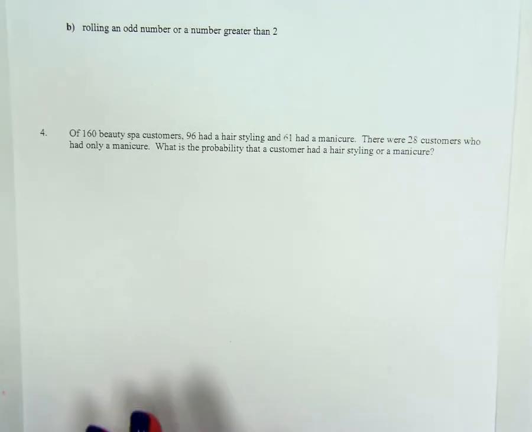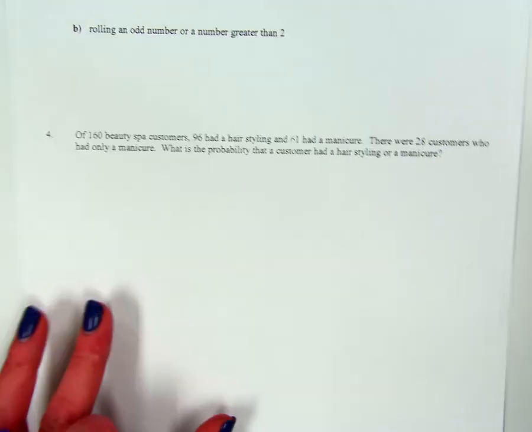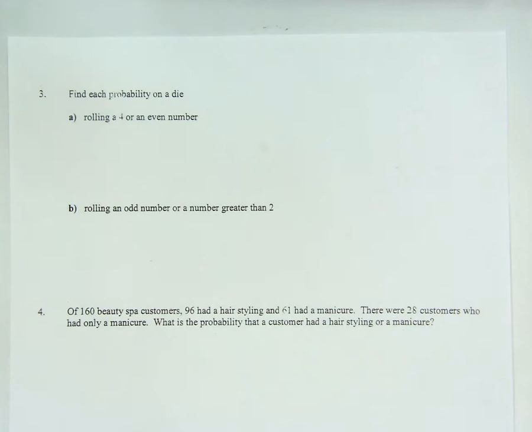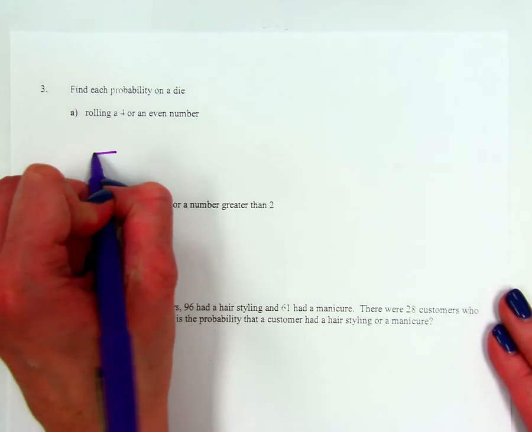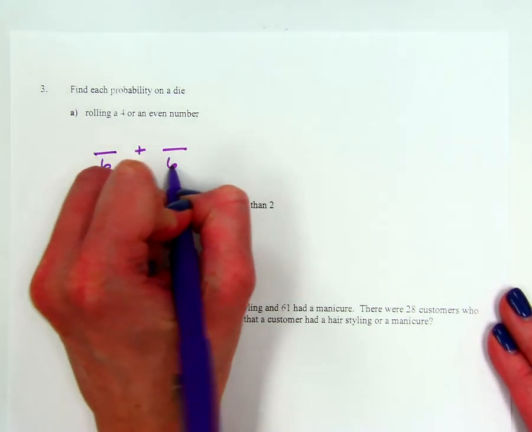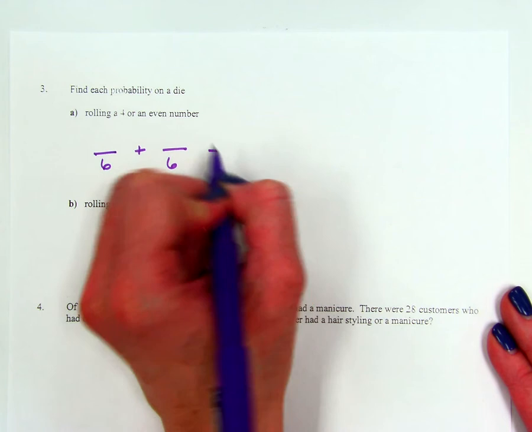We're going to do some probability with the die right here. Number 3 says find each probability on a die. Rolling a 4 or an even number. So we're going to do the same thing for a die. We have 6 sides, so we're going to have plus 6, and then minus 6.